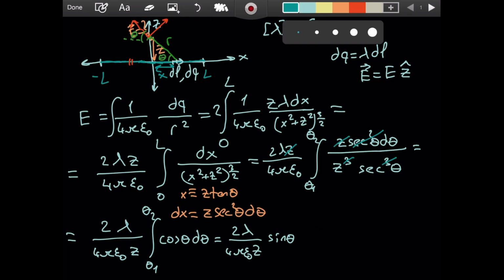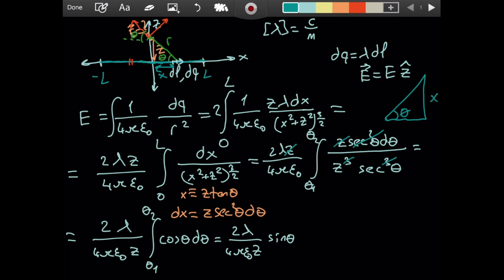Because since we made this definition, let me draw the triangle here. We have theta, and the tangent is x over z, so opposite is x, and adjacent is z. Or at least that's how we can choose it. You could put constants here, but it doesn't matter when you take the ratio.